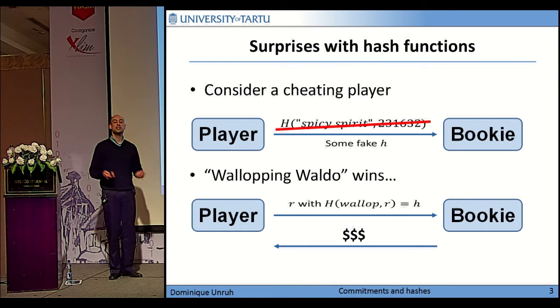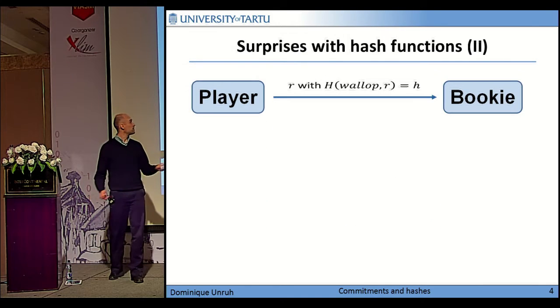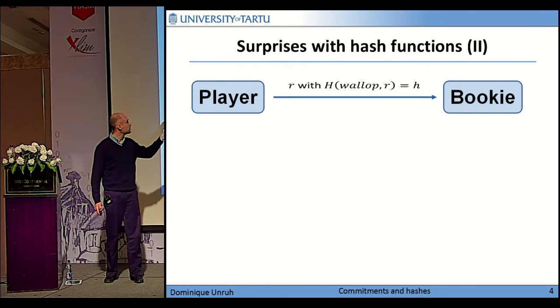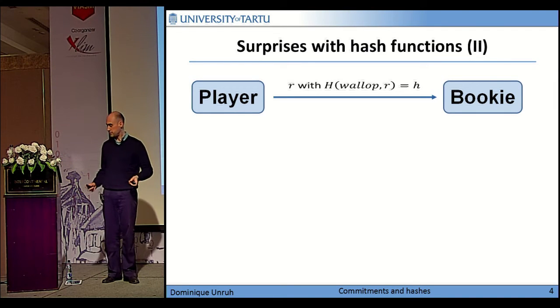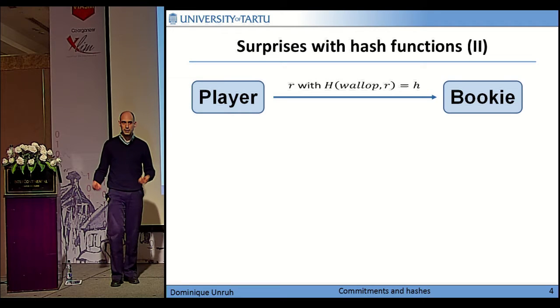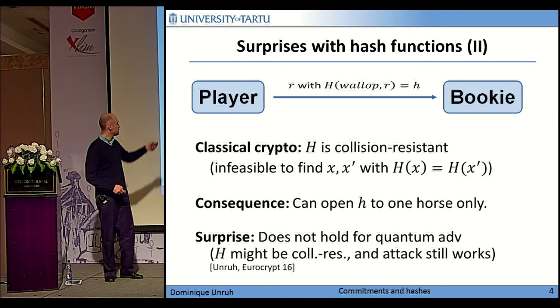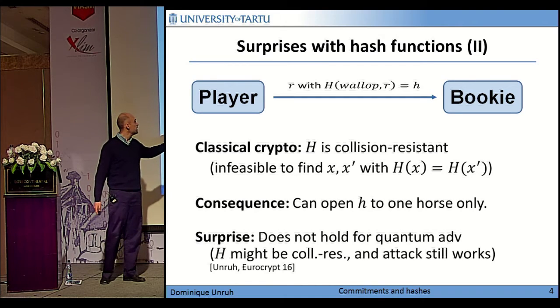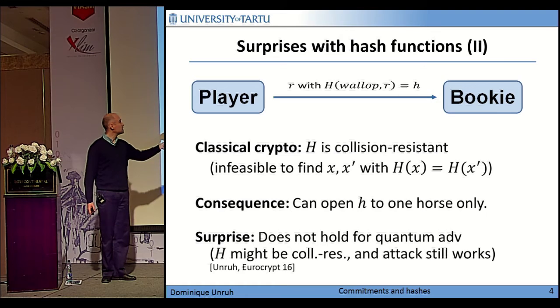Now I ask, is this possible? Well, if we do not specify anything about the hash function, of course it could be possible. It could be that the hash function is the all-zero function or something like this. But I guess everyone here knows that in classical cryptography, all we need to do is to take a collision-resistant hash function.